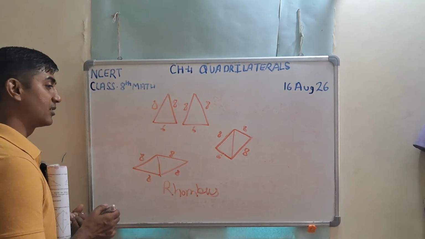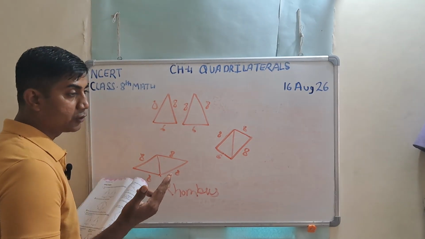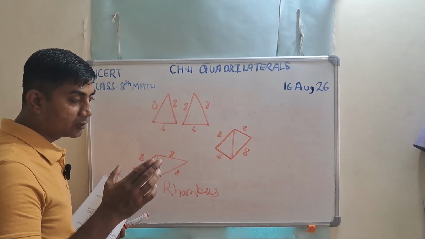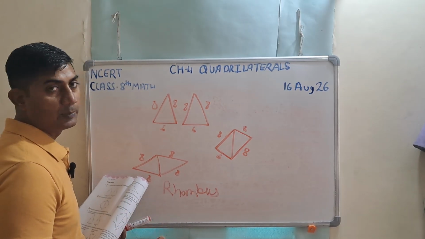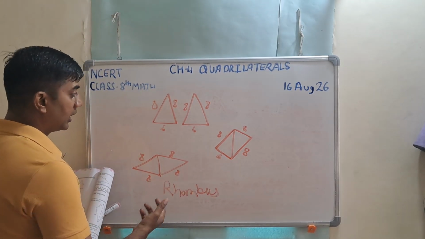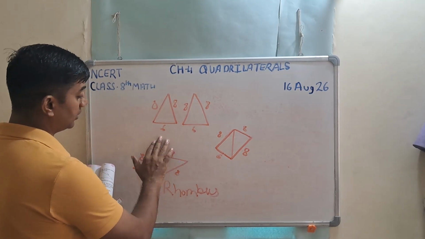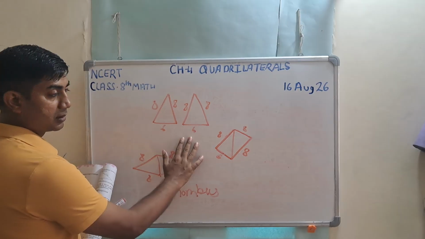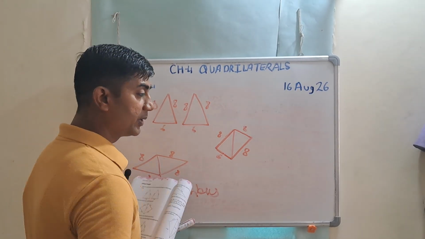So in an isosceles triangle, when you join the two triangles with the equal sides together, it will become a rhombus. And when you join the smaller or different length side of the isosceles triangle together, then you will get a parallelogram.